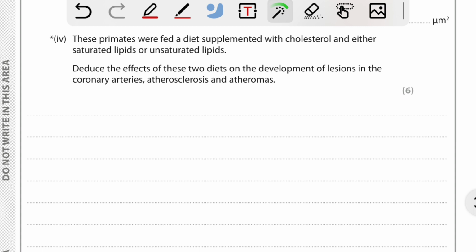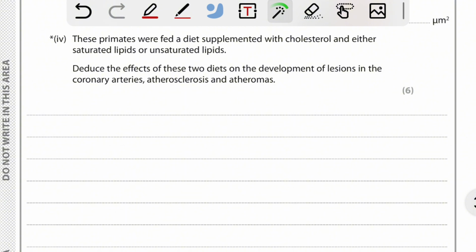So from graph 1, which shows the surface area of arteries, we can conclude that the arteries have lesions with both lipids. We just need to describe what we're seeing in the graph, and explain it. Okay, this will be enough for this question.